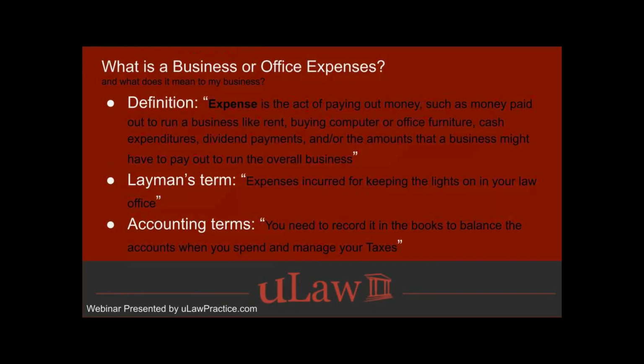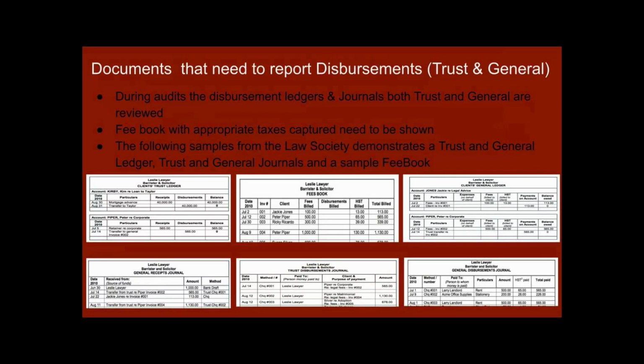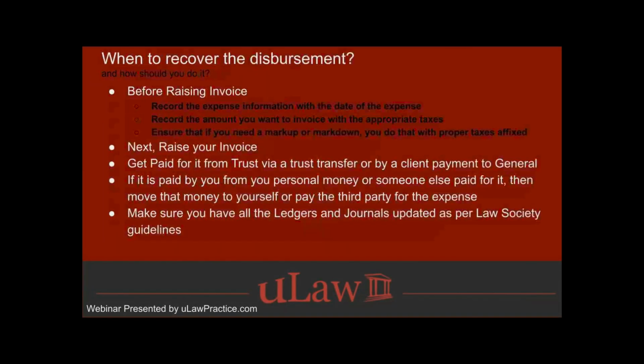Record them individually, and also make sure that all of these are appropriately shown on your relevant ledgers and journals. Of course, if you're using uLaw, you don't have to worry about showing it under relevant journals and ledgers as it's automated. But doing it on your own, you'll have to worry about bringing up those reports.